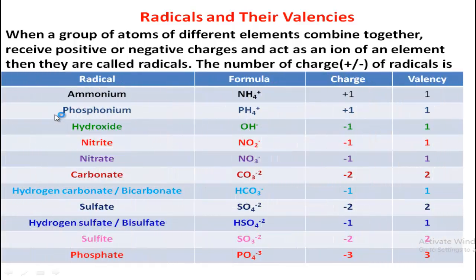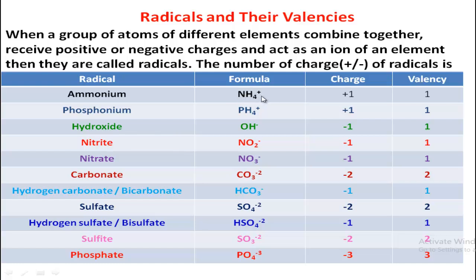Follow the example. Here ammonium, and you know that the formula of ammonium is NH4. Here this is a group of atoms. One atom of nitrogen and 4 atoms of hydrogen combine together and receive a positive charge and act as an ion of an element, so they are called radicals.